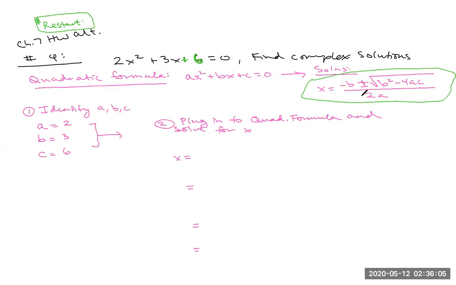Then I'm going to plug into the quadratic formula and solve. So I have -b plus minus square root b squared minus 4ac, all divided by 2 times a.